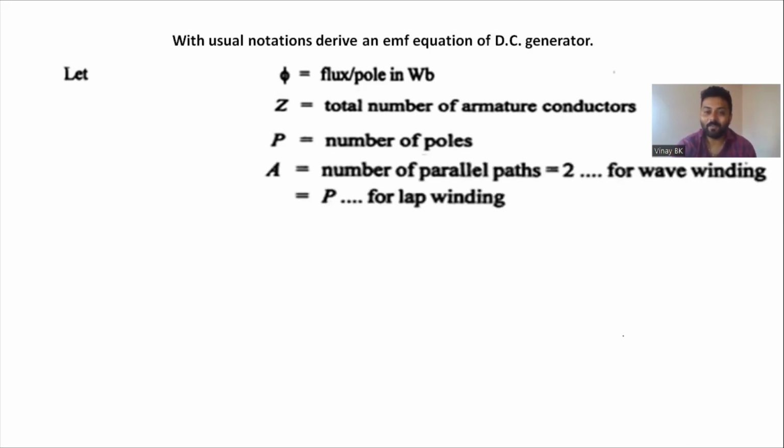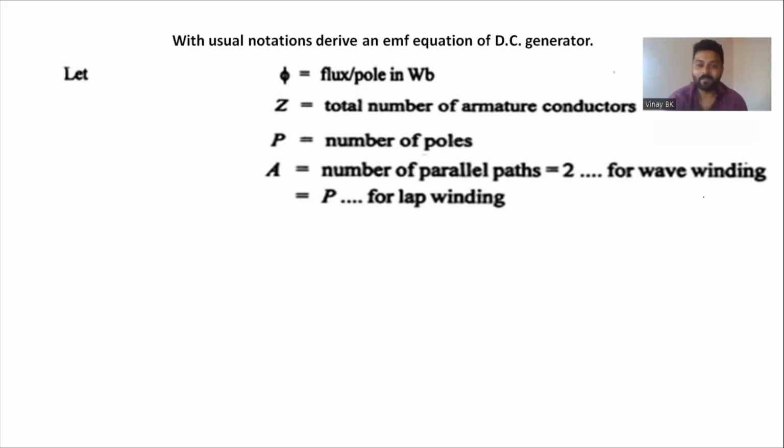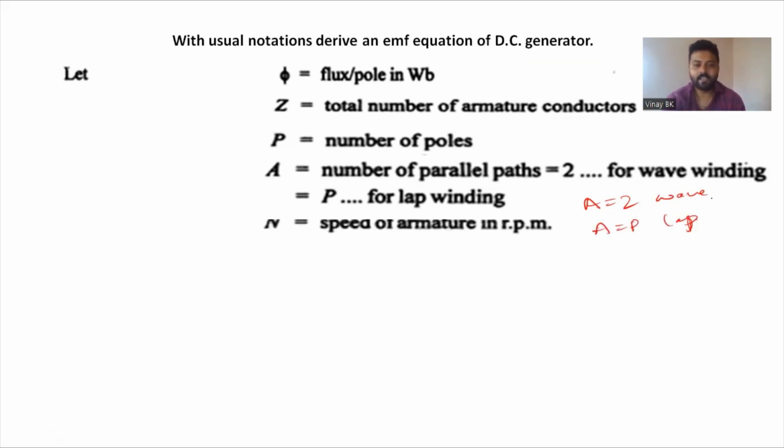This number of parallel paths depends on the two types of armature winding. The first one is lap winding, the other one is wave winding. The number of parallel paths A equals 2 for wave winding and A equals P for lap winding. That you should know. Once after defining A, N is nothing but speed of armature in RPM.